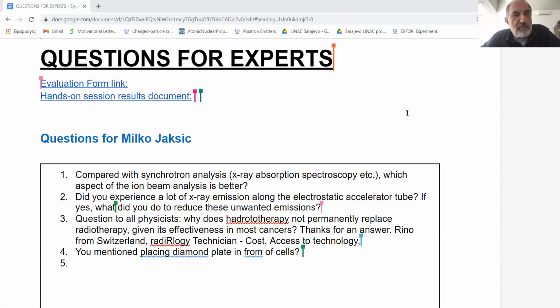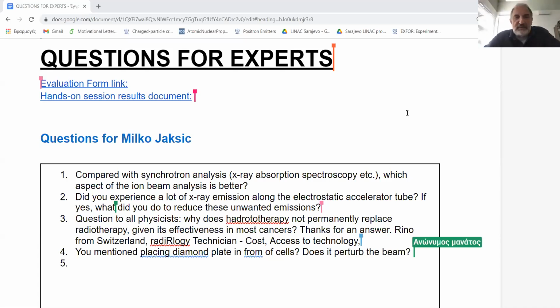It is a biocompatible material, so you can even grow cells on diamond. And in the same way, you can detect ions passing through it. So this is an extremely useful technology. Diamonds are still expensive, but they are going down with prices.